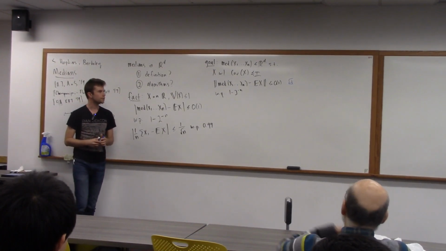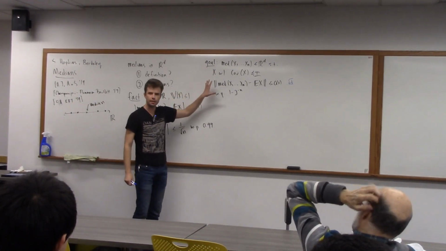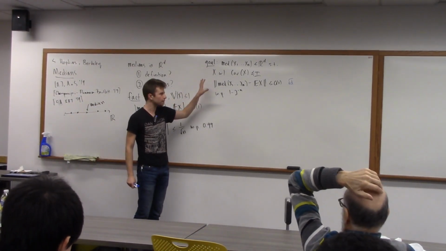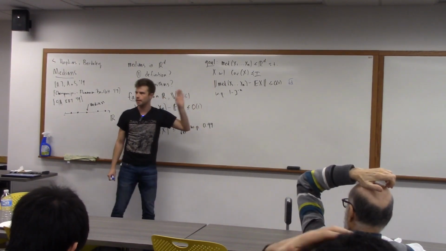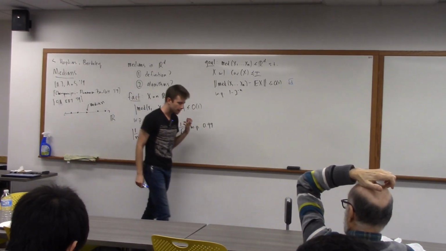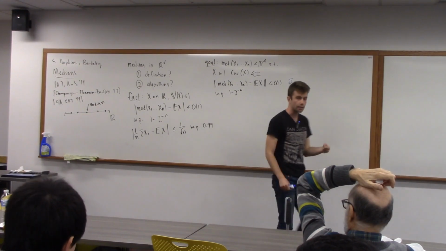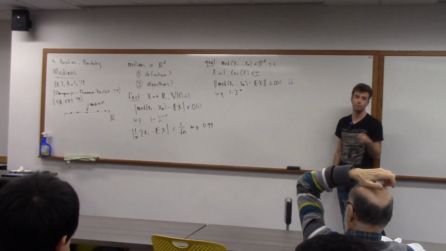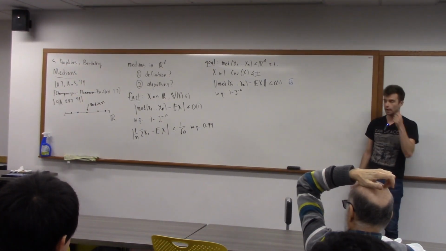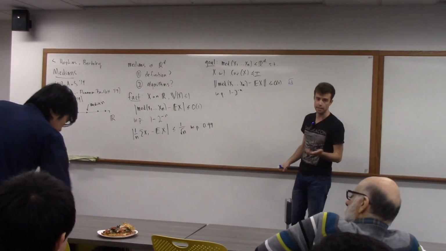But it turns out that if you could do this, there's kind of a killer application, which I'm not going to go into detail on because I really want to focus on medians. The killer application is to estimating the mean of a heavy-tailed probability distribution, with very high probability success rate.